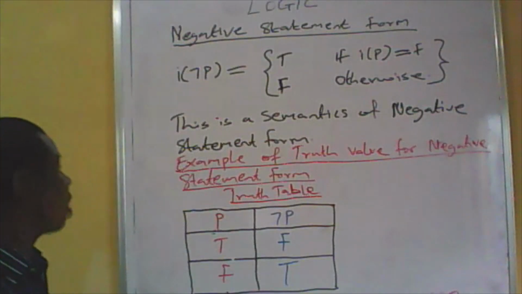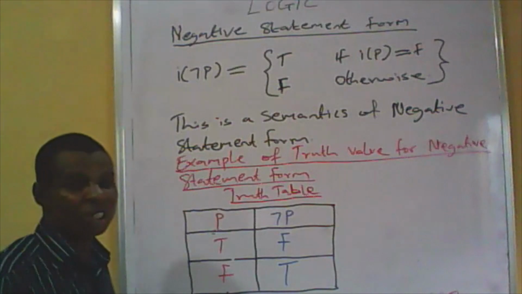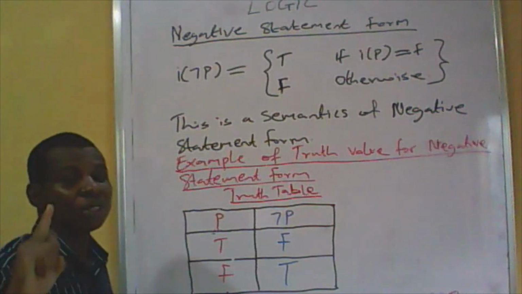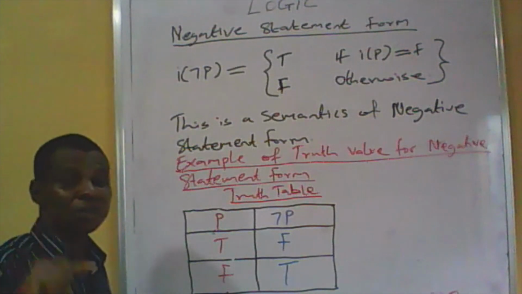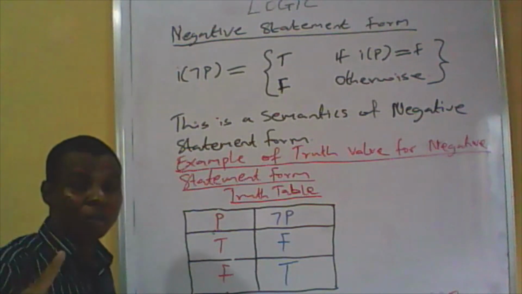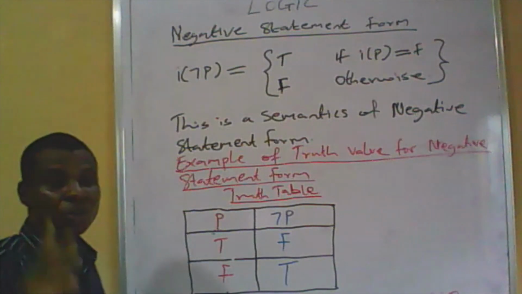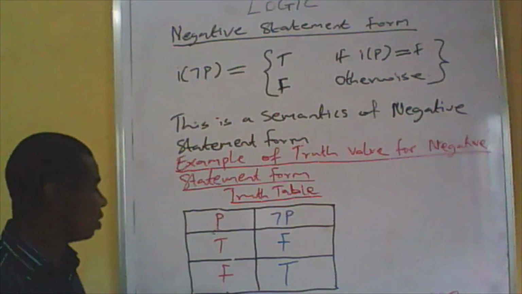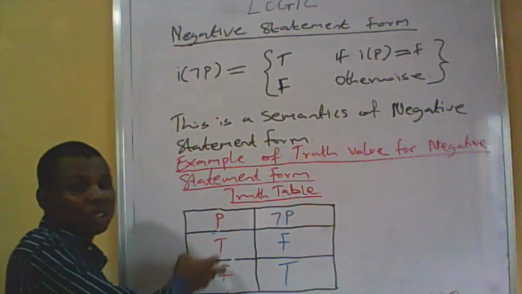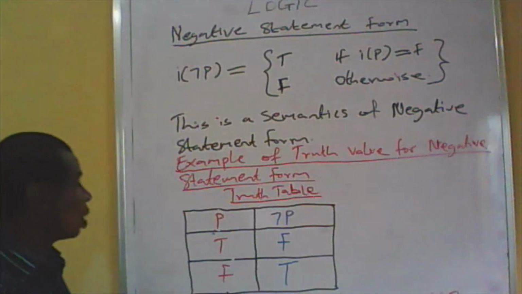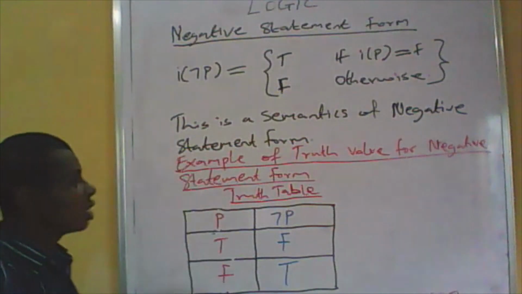But here we have only a simple statement, containing only 1 simple statement, so it's going to have only 2 rows. That means only 2 ways we can combine it: either P is T or P is F. So that is about the truth table for negative statement.